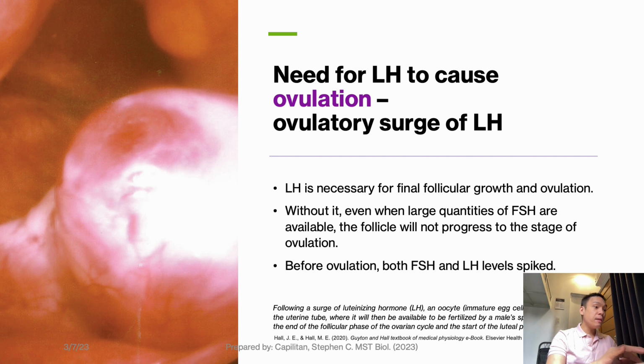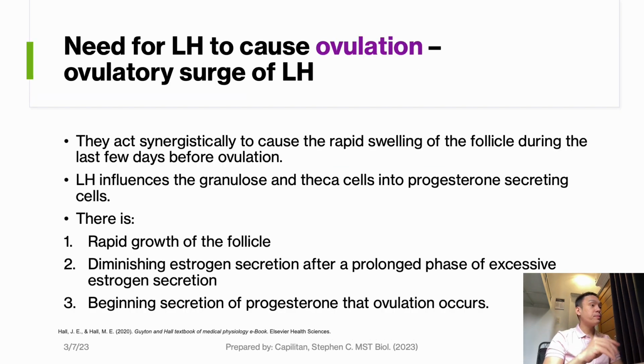You will see here, following a surge of LH, an oocyte, an immature egg cell, will be made available to be fertilized by a male sperm at the end of the follicular phase of your ovarian cycle and the start of the luteal phase, which we will talk about later.